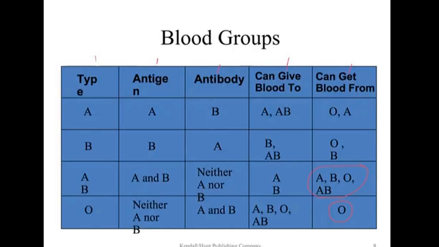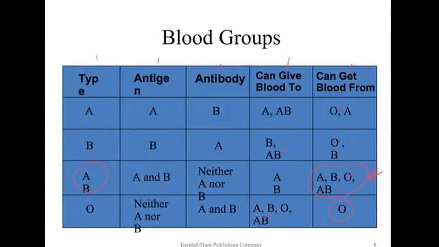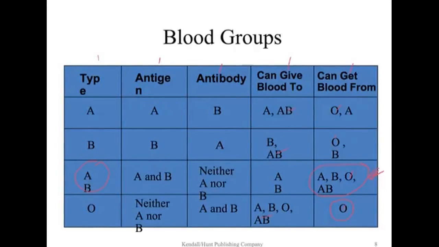Notice everybody can get O, and AB is the only type that can get blood from everybody. So O is a universal donor, AB is a universal recipient.